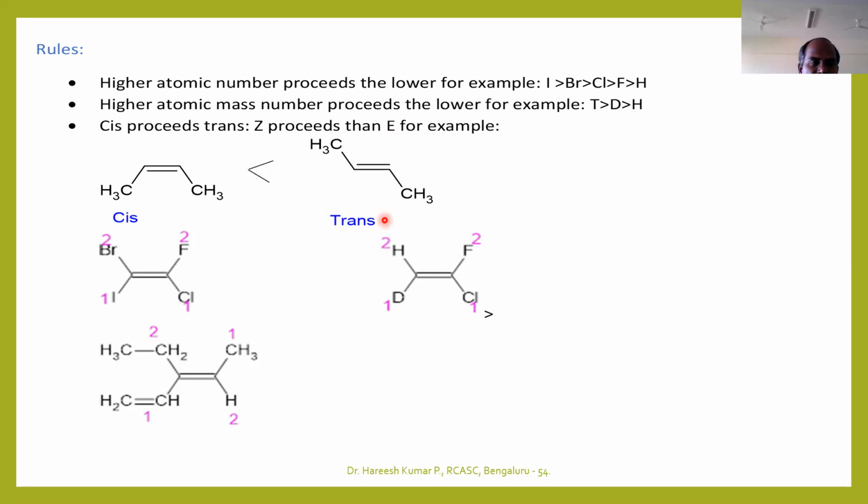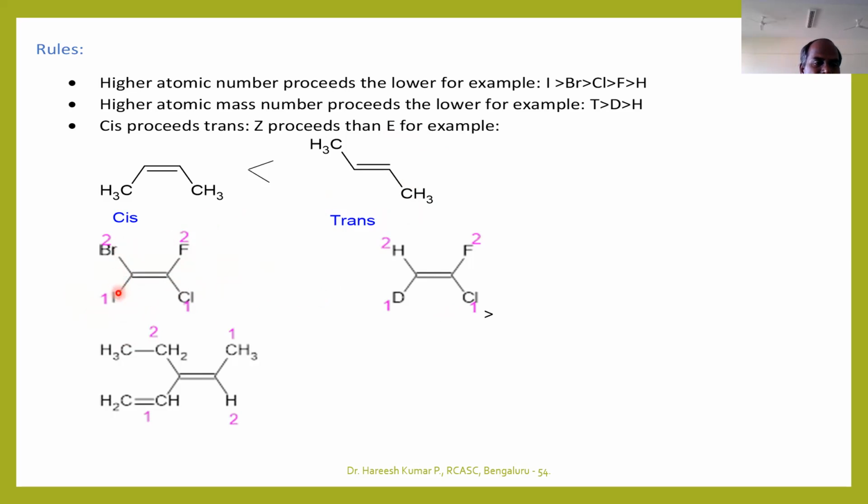Similarly, if we are looking into a moiety like this, in geometrical isomerism, of course, there is restricted rotation along the carbon-carbon double bond. Because of that, this type of molecule exhibits optical activity. And here, what is the condition?